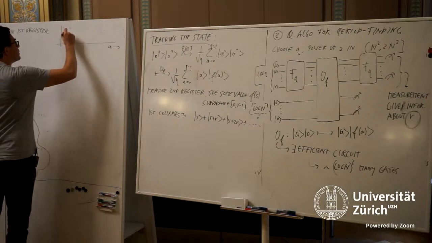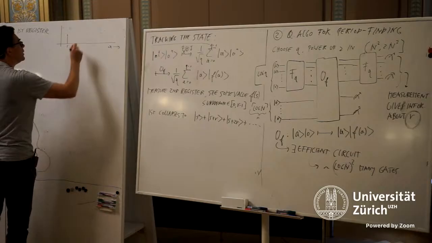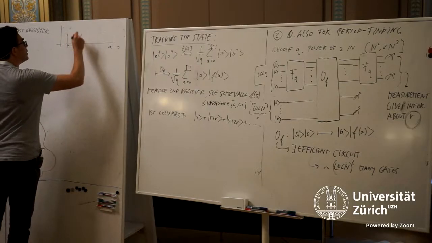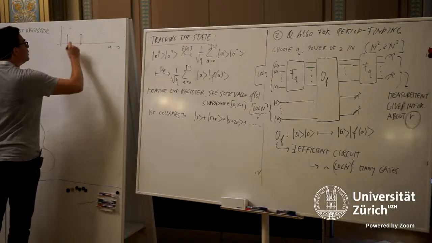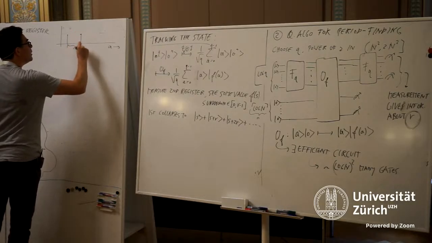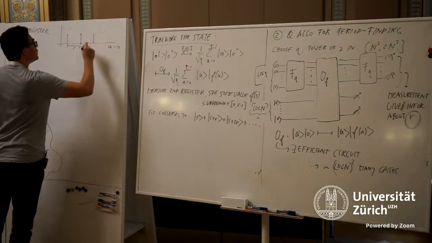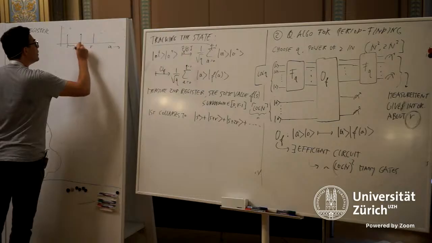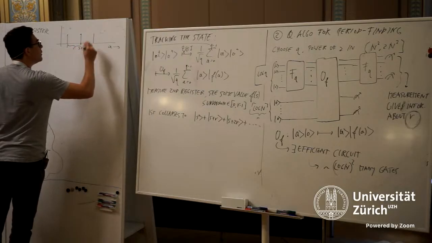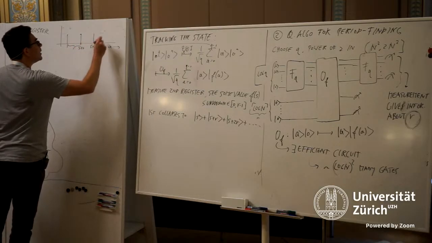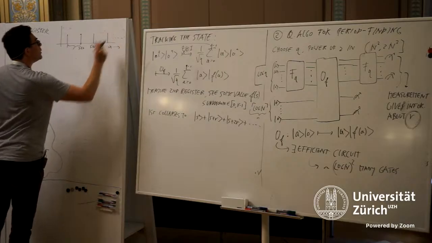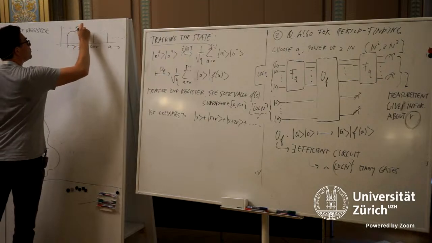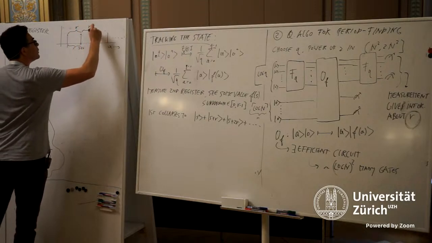So we're going to have an amplitude at the value s, and we're going to have one at the value r plus s, and at the value s plus 2r, and so on. So you're going to have these basis states that are spaced apart by the unknown period r.